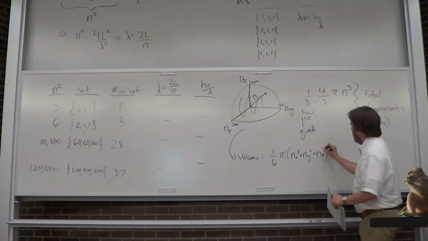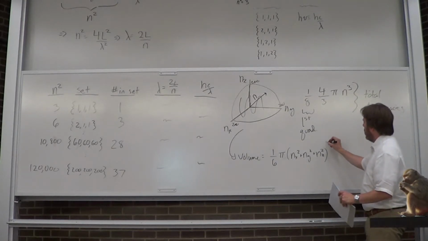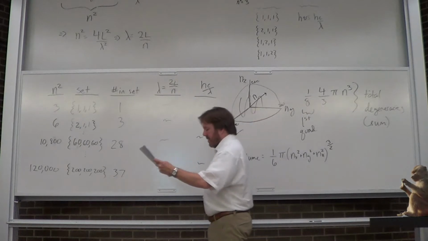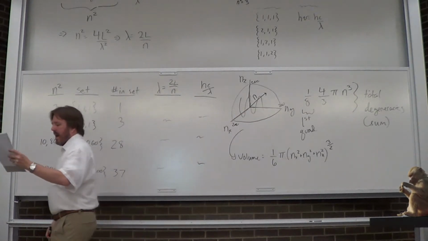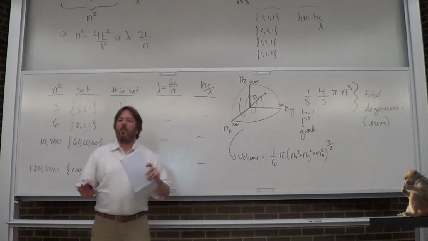Okay, so this is a little funky. This is n squared, so to make that cube, I have to raise it to the 3/2. That's what I have to do. A little weirdness there, right?